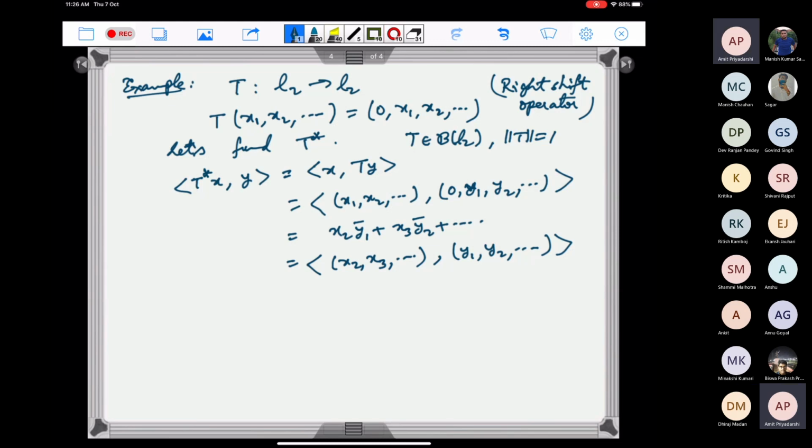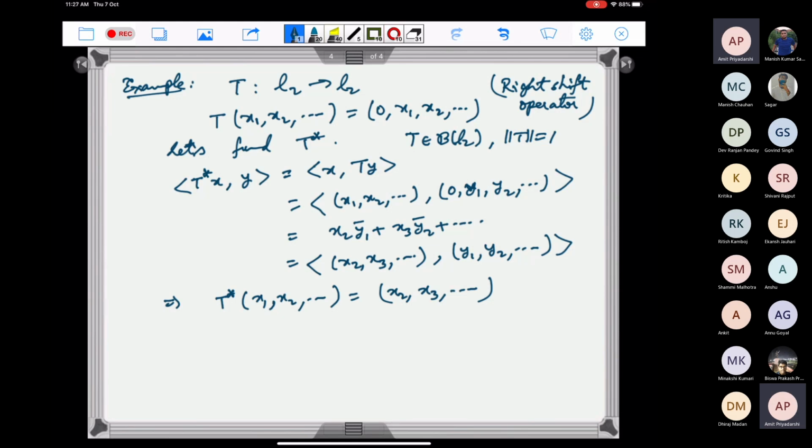So T star x inner product with y is equal to this inner product with y, and this is true for every y. So this implies that T star of x1, x2, and so on is equal to x2, x3, and so on. So the adjoint of the right shift operator is the left shift operator.